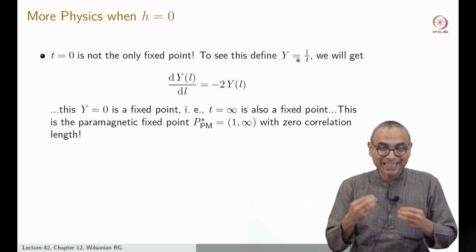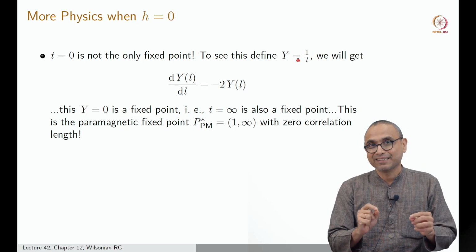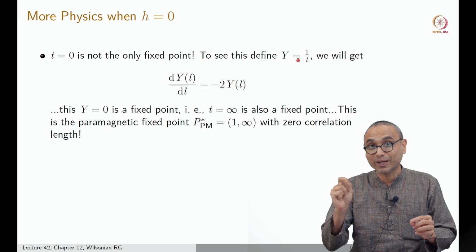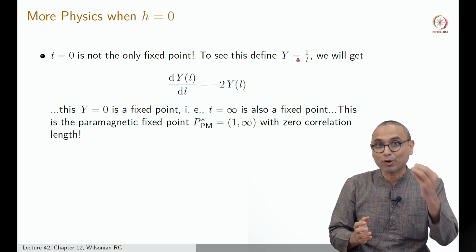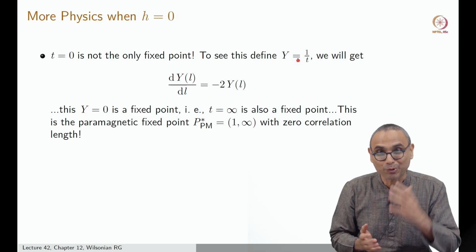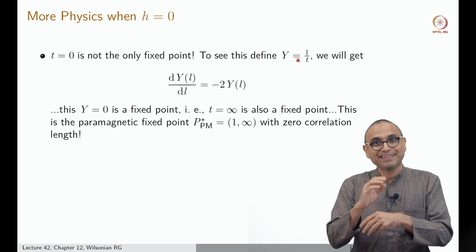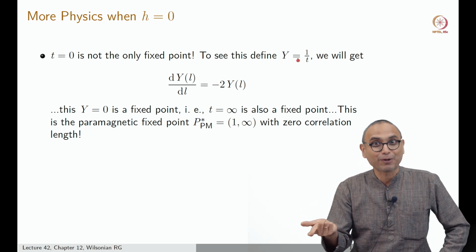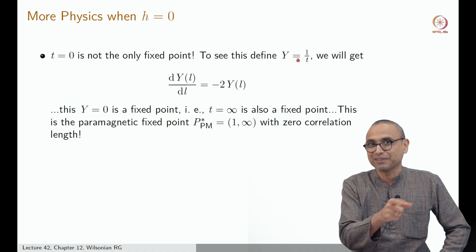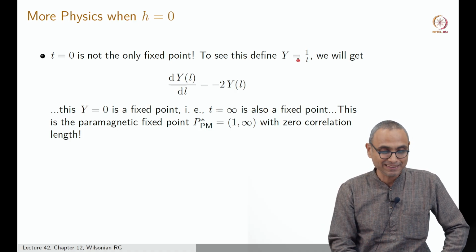Now what does t equal to infinity mean? Recall that the correlation length went as 1 by square root t. So if t goes to infinity, that is talking about a system with 0 correlation length. That is our paramagnet, the infinite temperature paramagnet if you wish. So there is another fixed point lurking around which was not obvious from the equations, but it is clear that it is there from this analysis.